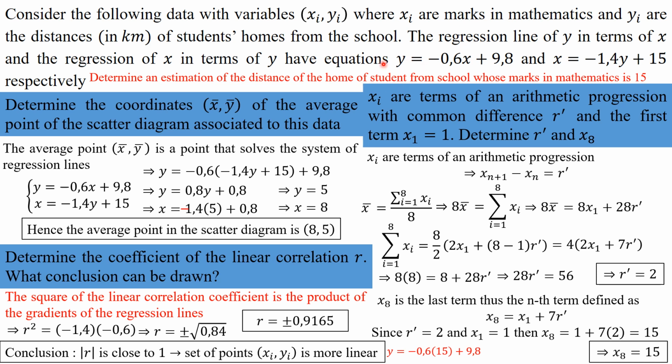Now we need to look for the distance provided that the marks in mathematics is 15. Nevertheless, we have our x8 equal to 15. So our y will be equal to negative 0.6 times 15, then plus 9.8, as you can see. So we get our y to be 0.8 units. Sorry, kilometers, because the distances are in kilometers. So our y gives us 0.8 kilometers.